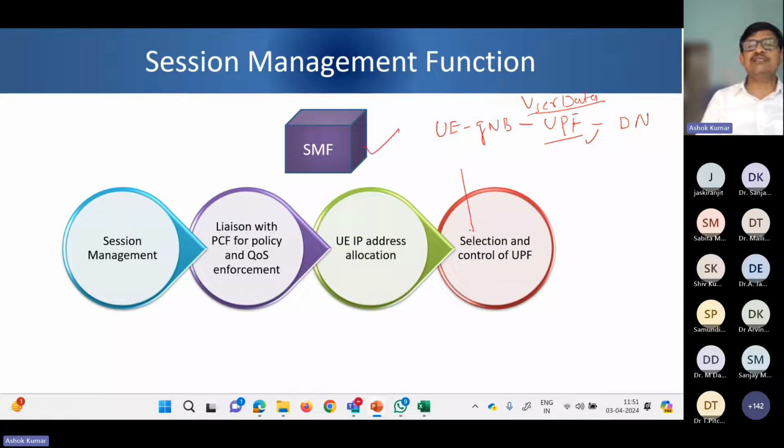So SMF does selection of a UPF and then it controls. When we say control, in fact, the PDU session is created on the user plane. So the actual implementation of the PDU session is done by UPF on direction or control of SMF. So selection and control of UPF is done by SMF.